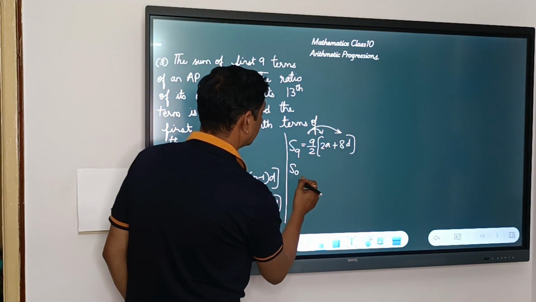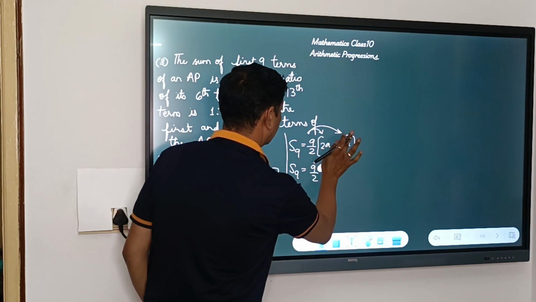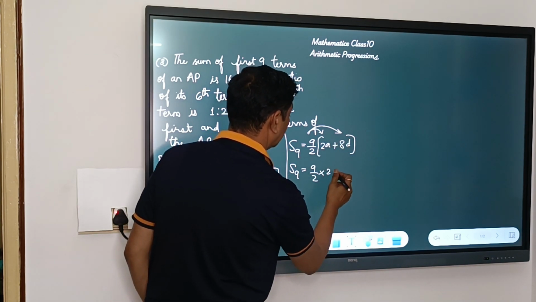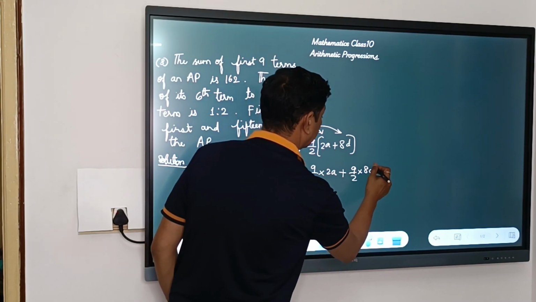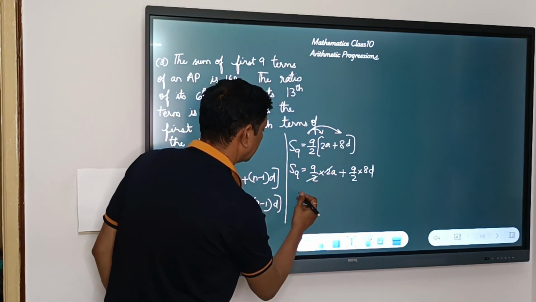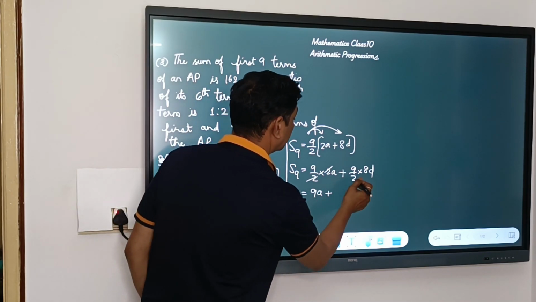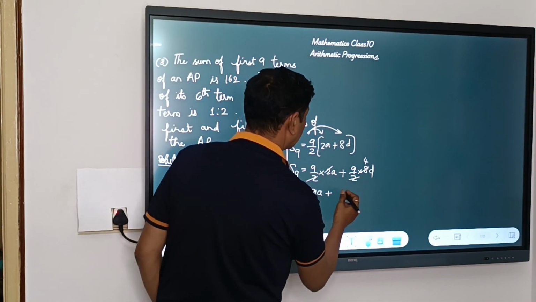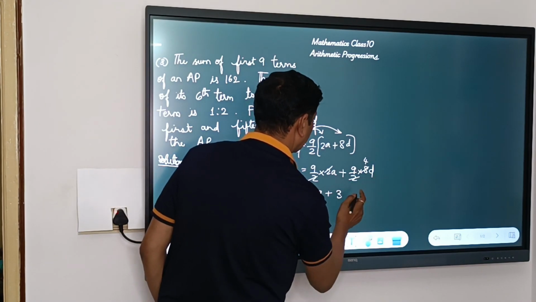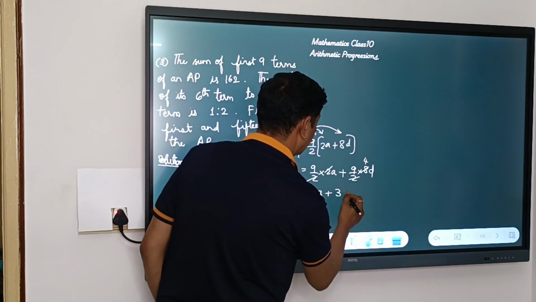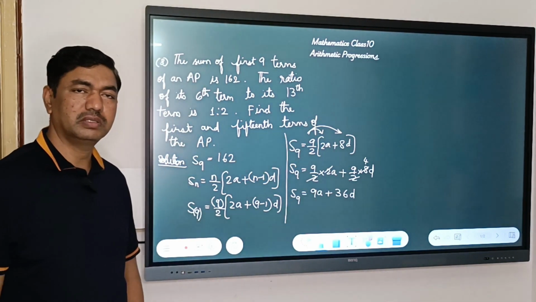So S9 is equal to 9 by 2 into 2a plus 9 by 2 into 8d. The 2 gets cancelled, so S9 is equal to 9a plus, 2 into 4 goes 4 times, so 9 fours are 36d. So S9 is equal to 9a plus 36d.